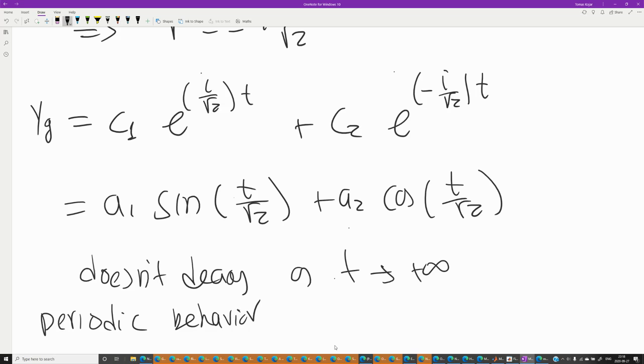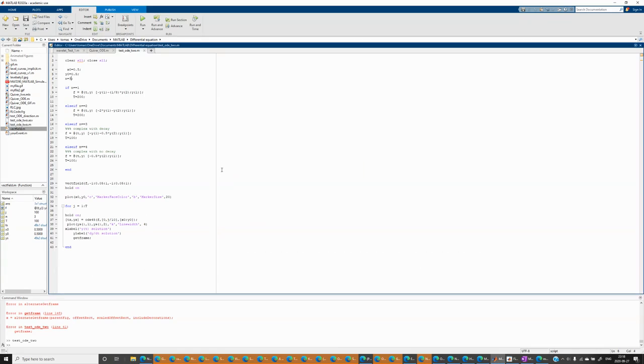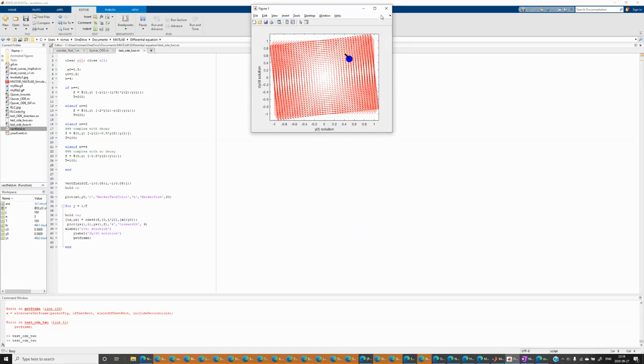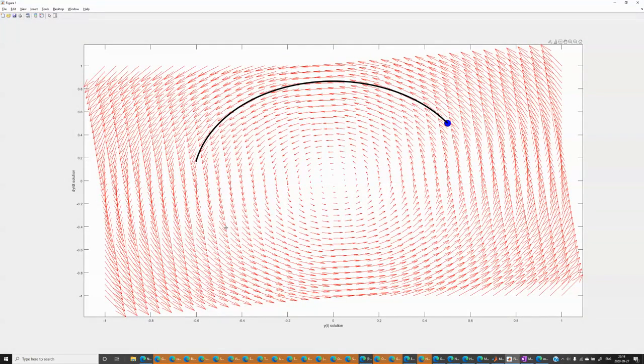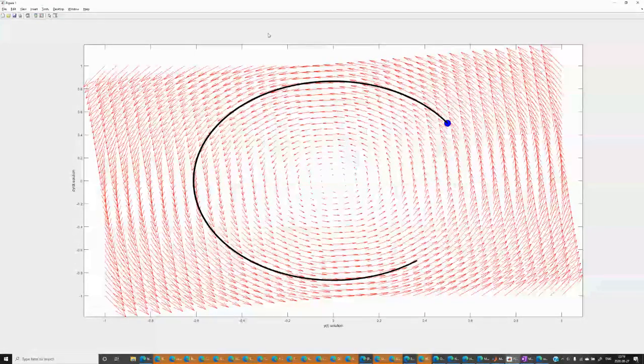So let's go to MATLAB. So it goes around and around. And eventually comes back. And it keeps going actually.